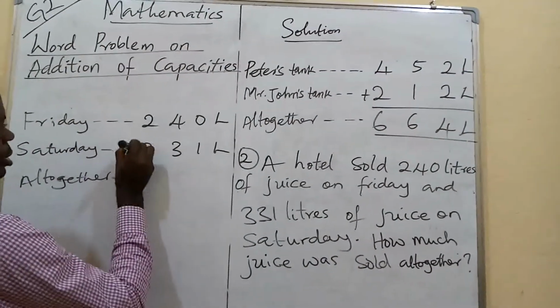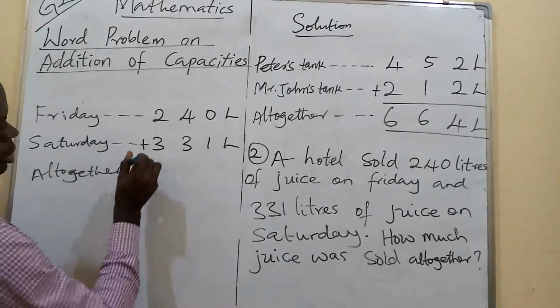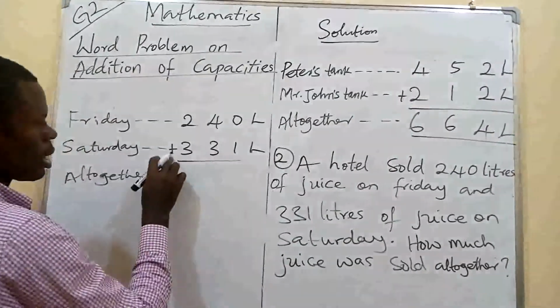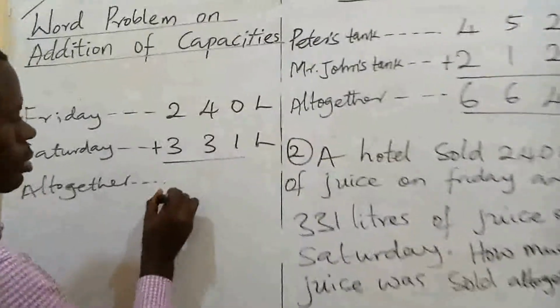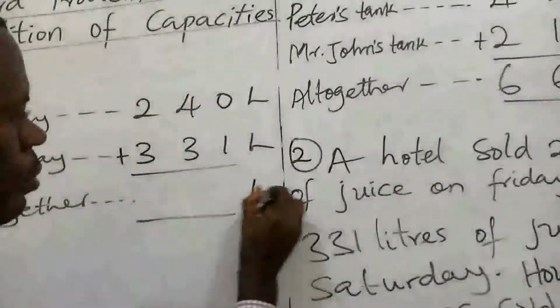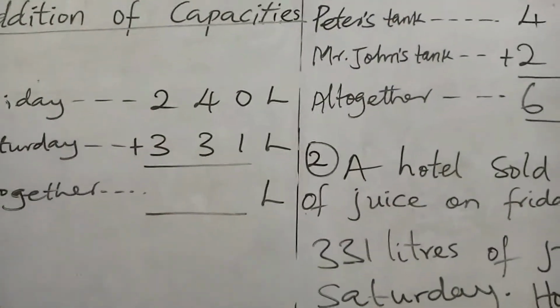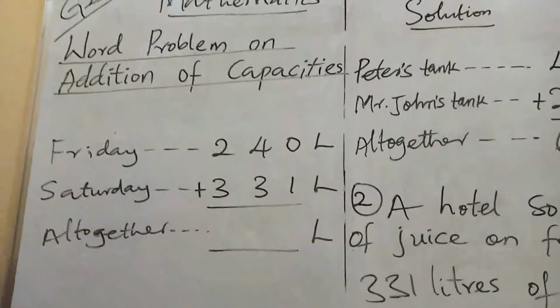So this is addition, so we introduced our addition sign here. So altogether, how much juice was sold for the 2 days?